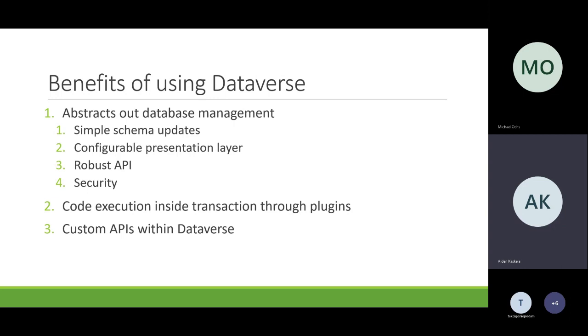Finally, a final benefit is that you can build custom APIs and have them reside in Dataverse. So we're going to take a look at that. A custom API lets you define some input parameters and output parameters and expose them as actions through the API.